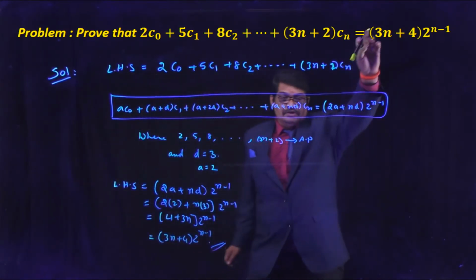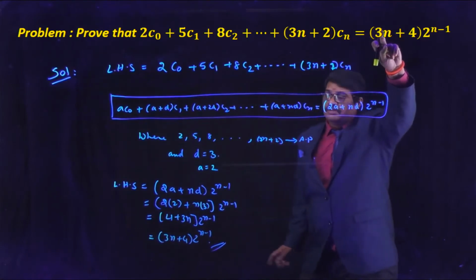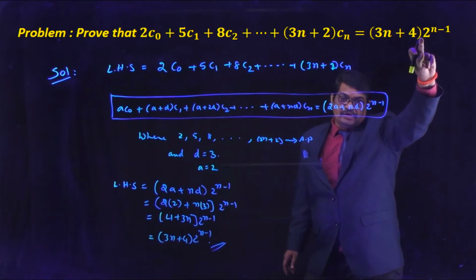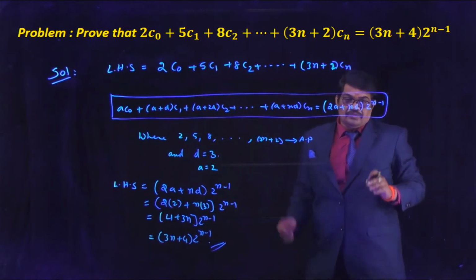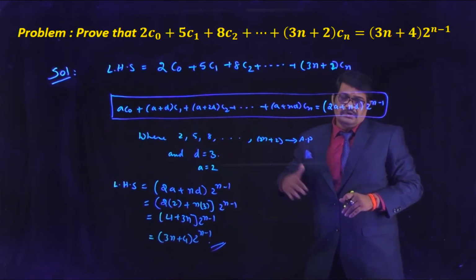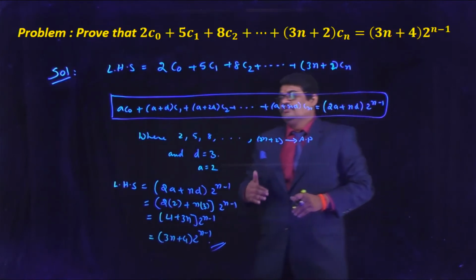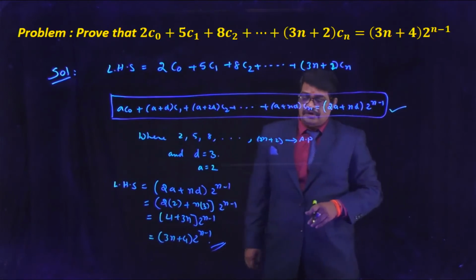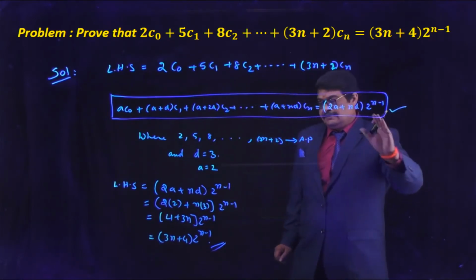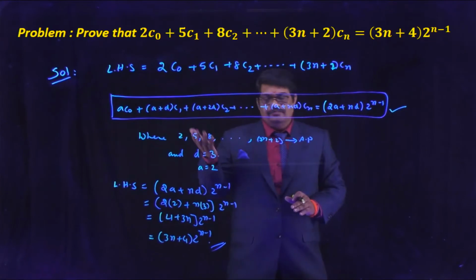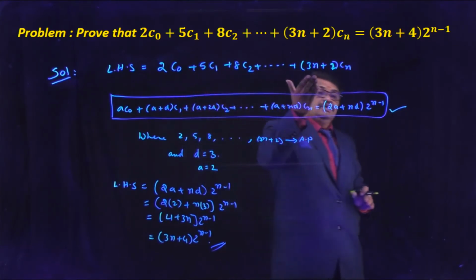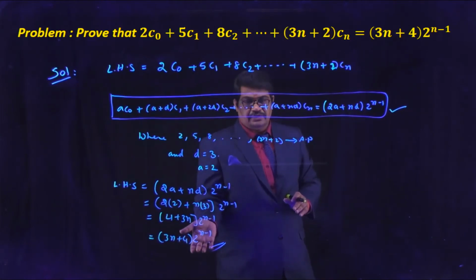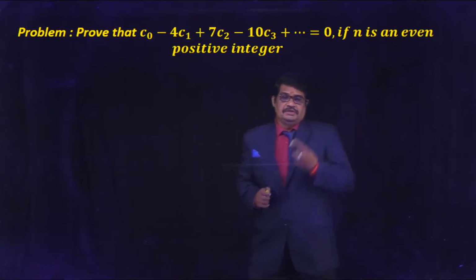This is the important result. Using this result, we find that the given series is (3n + 4) into 2 to the power of n minus 1.